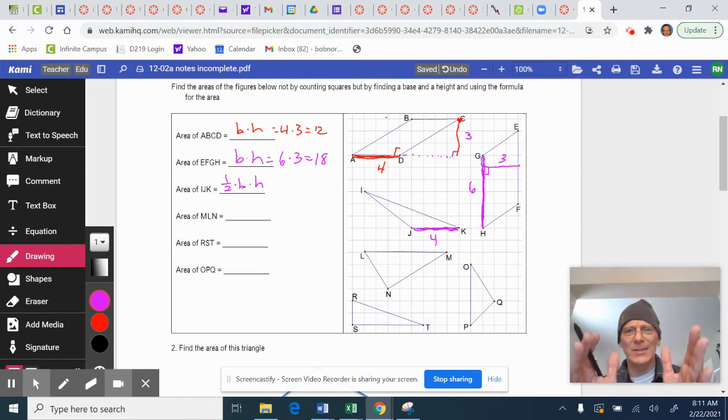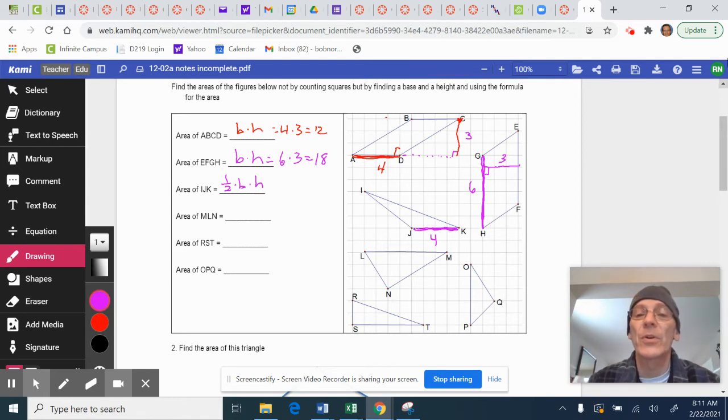Here's the overall lesson in these problems. Always choose a base and a height that are horizontal and vertical, literally horizontal and vertical lines, because their lengths will be so much easier to determine in these problems. Okay, because you can just count them by the boxes.